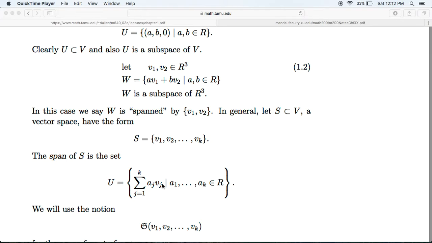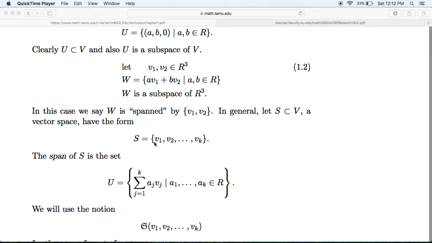A linear combination is an expression of this sort, where I take some vectors and multiply those vectors by all possible scalars, and then add those vectors. So this will give me a set of vectors, and that set is known as the span of a subset of the vector space.